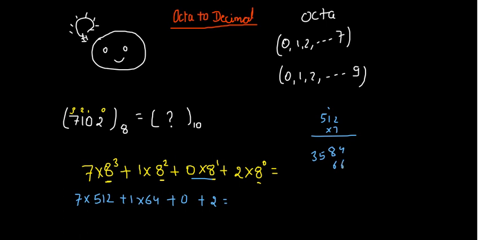I just added 64 and 2, so it becomes 66. 3584 plus 66 gives 3650. So our answer is 3650 in decimal form. So that's it for this one.